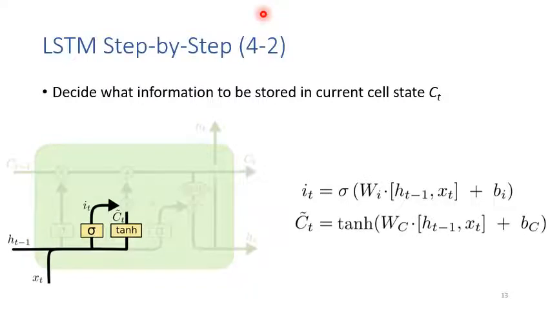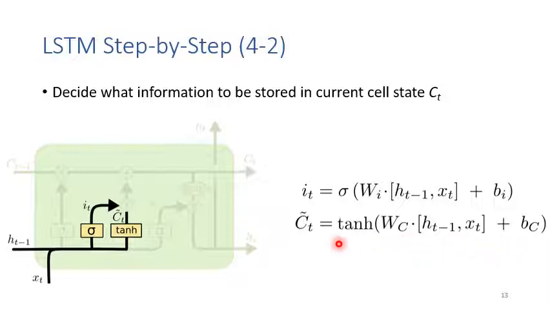The second step in LSTM is to decide what information we want to store in the current cell state C_t. Use the previous output and the current input x_t. We can calculate a new candidate C_t. So we multiply the new input and the previous output with a matrix W_C plus a bias.